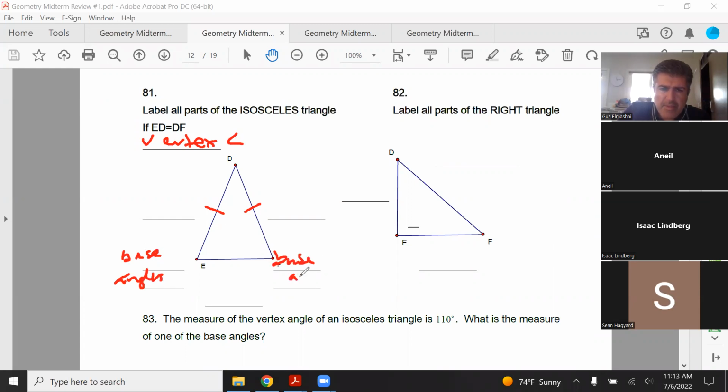Base angles. That'd be your base, I guess. These would be your side. I don't know. That's kind of weird to me. I mean, these are your congruent sides, obviously. And these are congruent angles, I suppose. Obviously, this is the hypotenuse. And these are each of your legs.